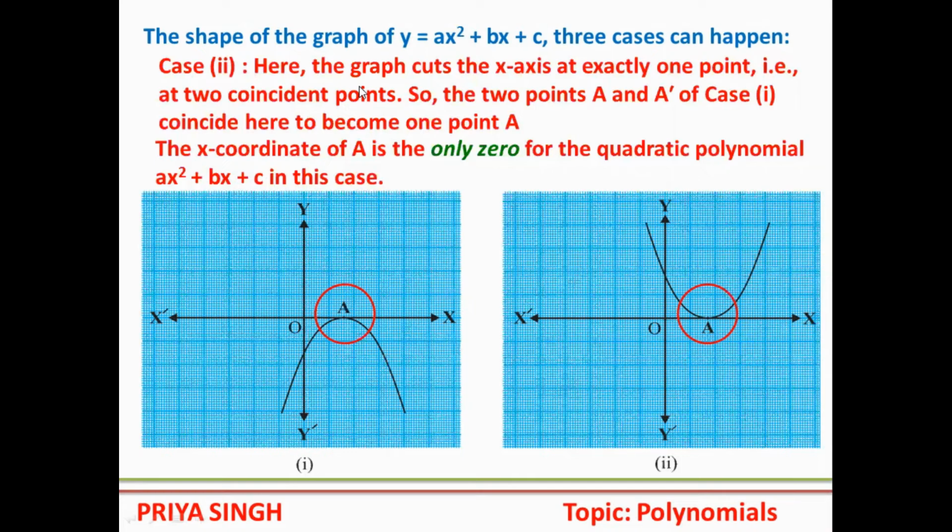That is at point A. And the x coordinate of A will be the only zero of the quadratic polynomial ax square plus bx plus c in this case. So this was our second case where we got 1 zero.